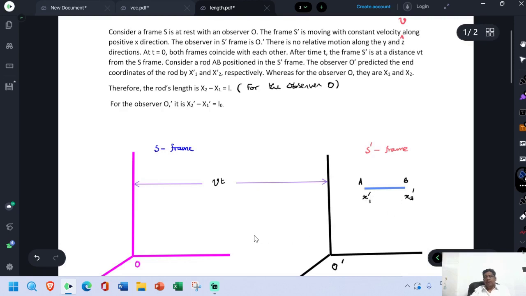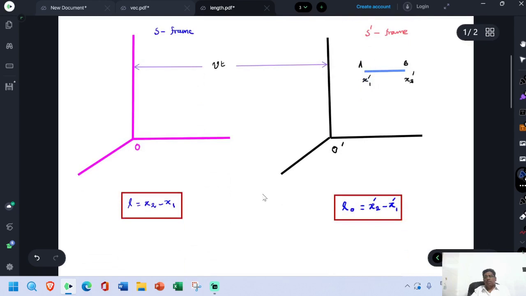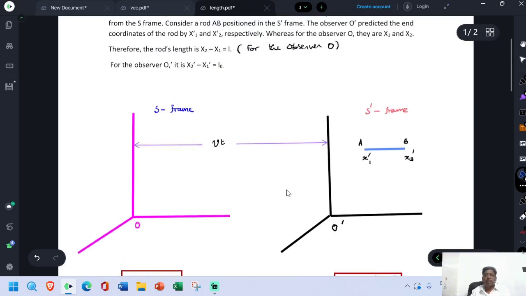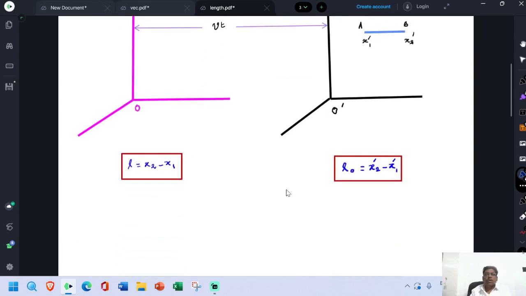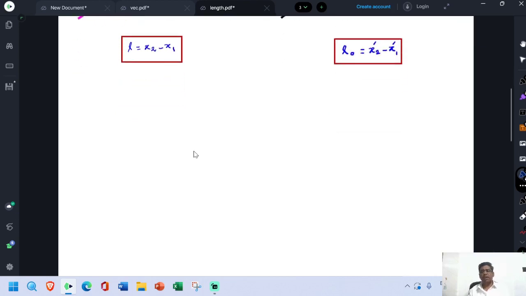Therefore, the rod's length is x2 minus x1, that is equal to L for the observer O, whereas it is x2 dash minus x1 dash equal to L naught for the observer O dash. Now we will know the relative length, that is the length measured by the observer O is entirely different from the length measured by the observer O dash.